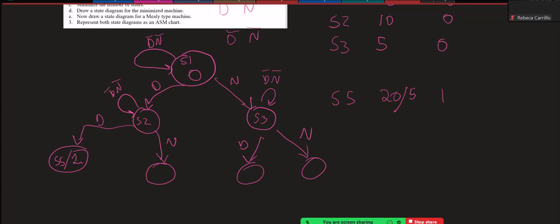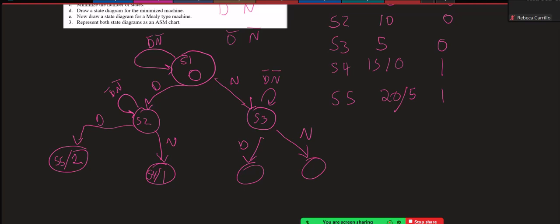Then if I put in a nickel, I'm going to call that S4, and will that output something? Yes. So S4, I'll call that 15/0 and 1. And then from S3, where I had 5 cents, if I put in 10, you should go to the same state, four.